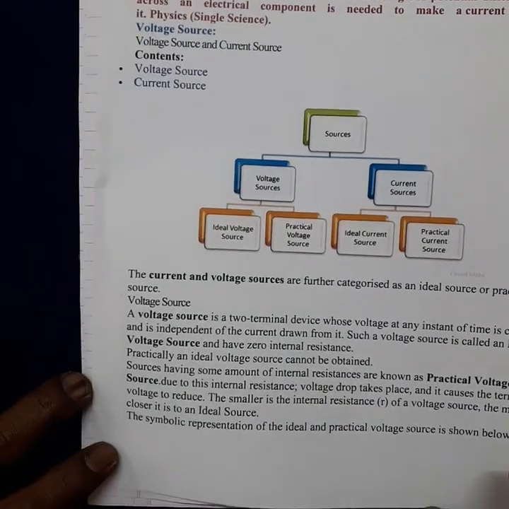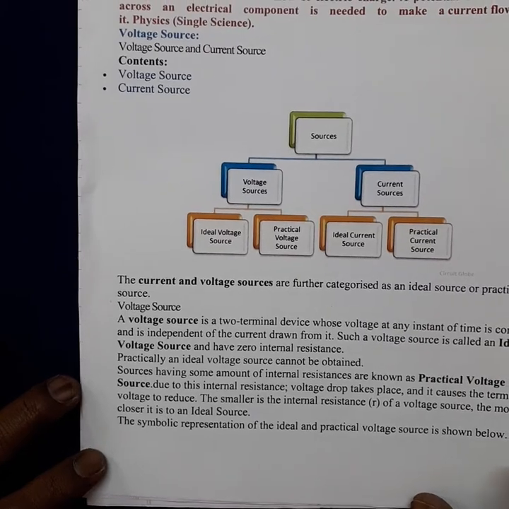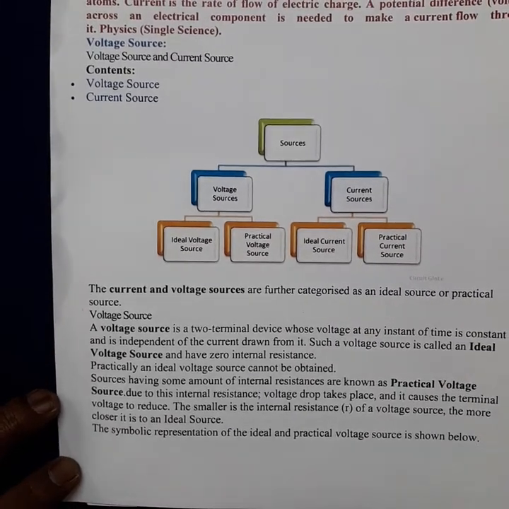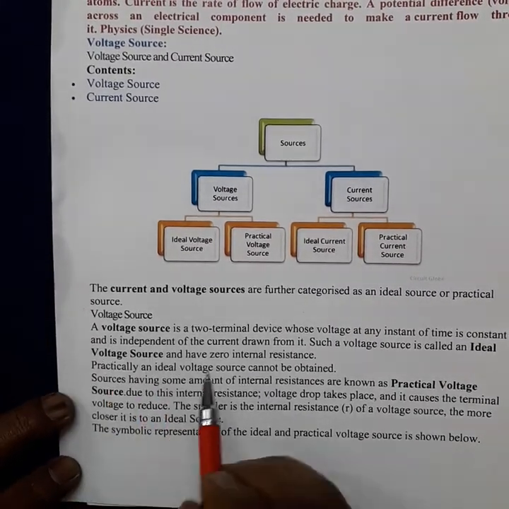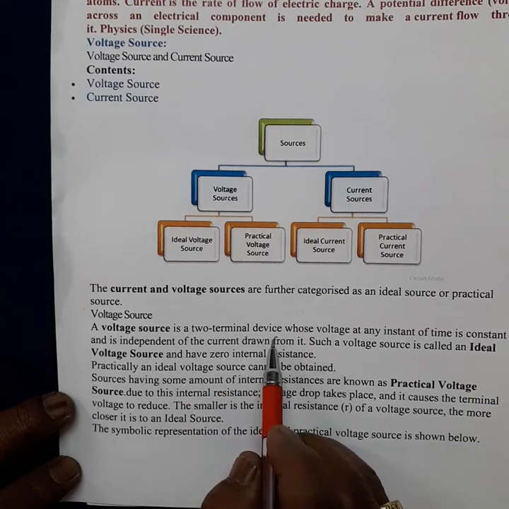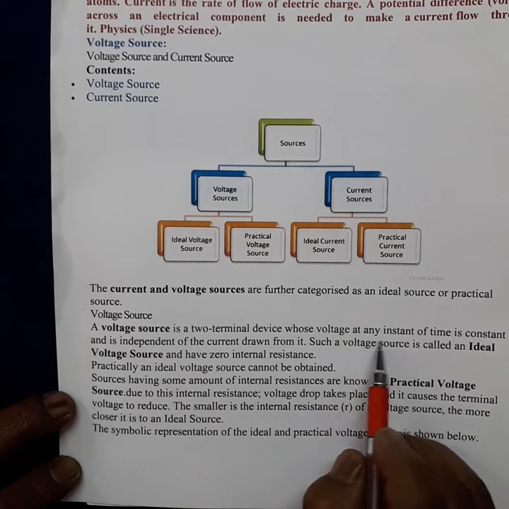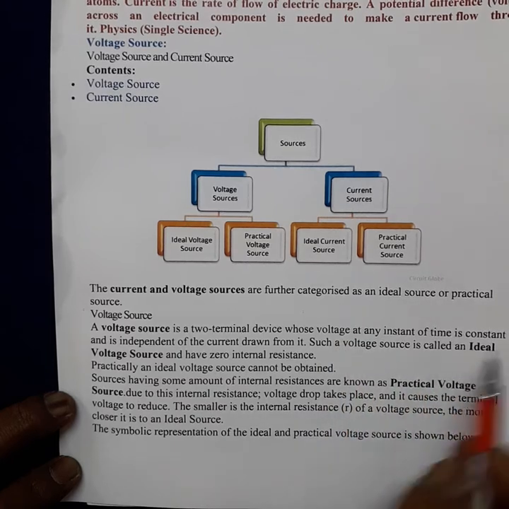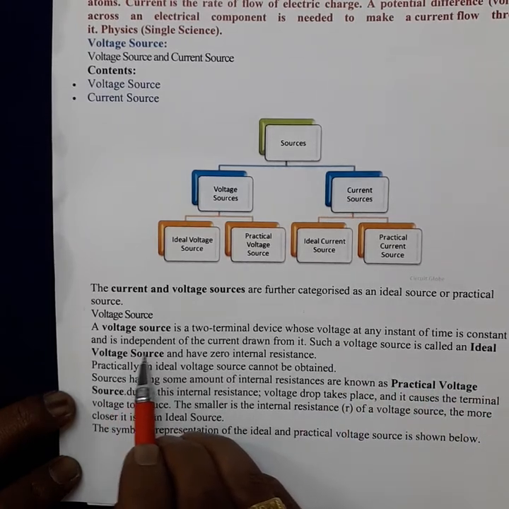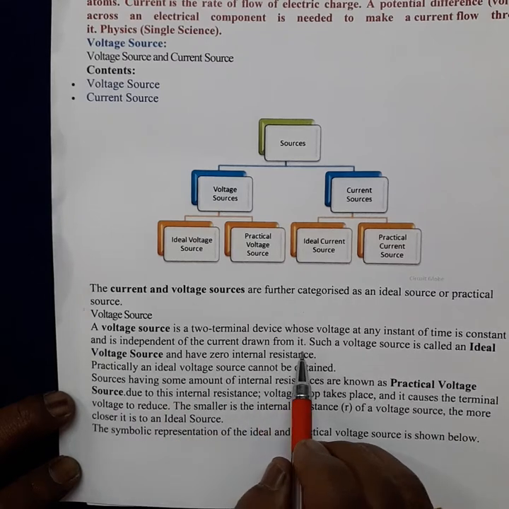So what is the meaning of a voltage source? A voltage source is a two-terminal device whose voltage at any instant of time is constant and is independent of the current drawn from it.